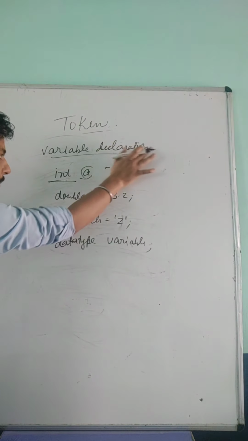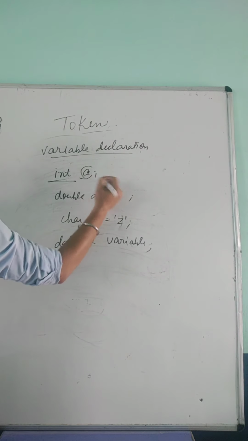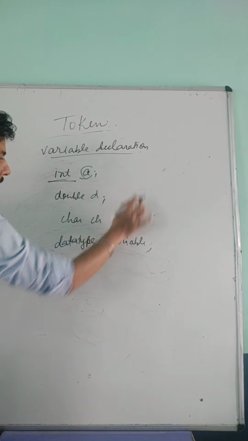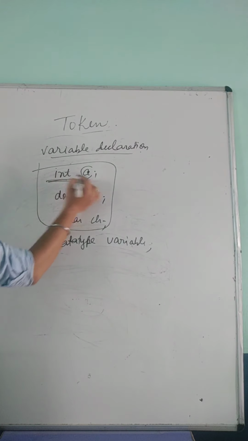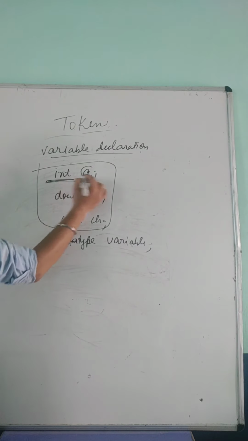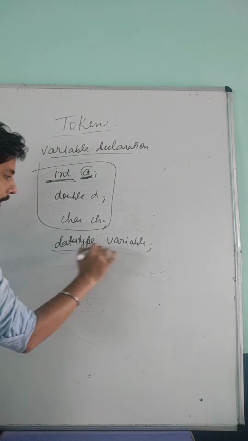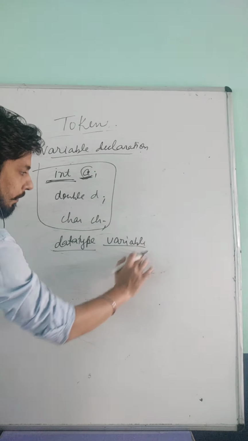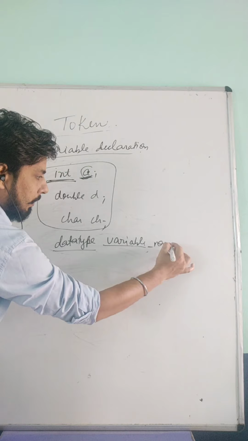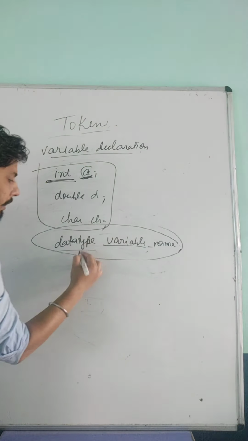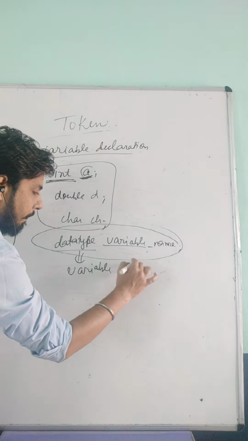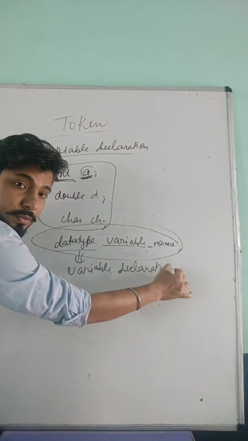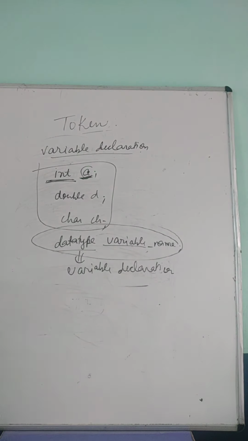So this much, data type and variable name, is called our variable declaration.